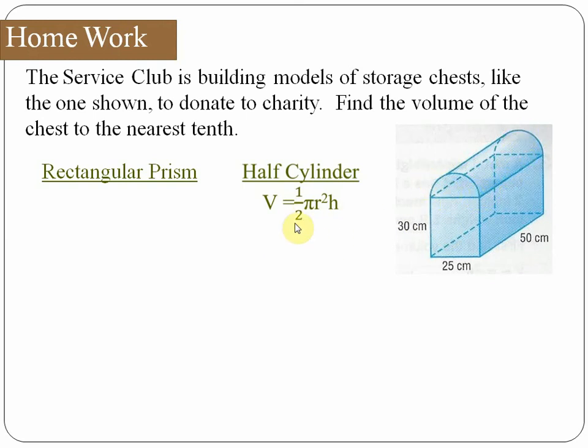So pi r square h divided by 2: you calculate the whole cylinder volume and divide by 2, or you just apply this formula. And for the rectangular prism, you know that V equals L times W times H, length, width, height. So this is the description of the homework.